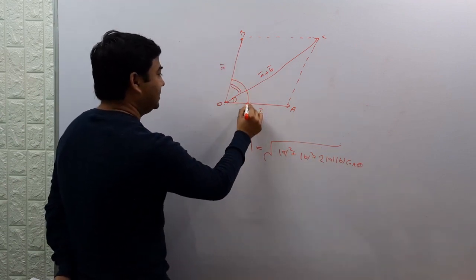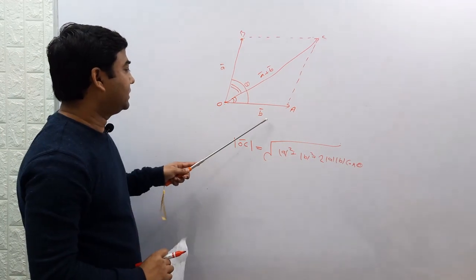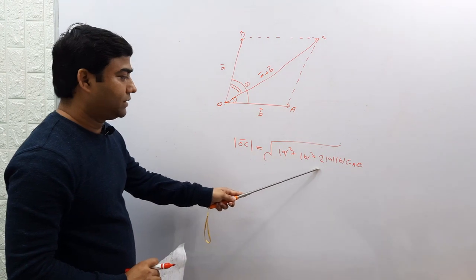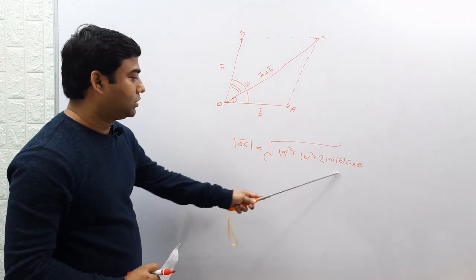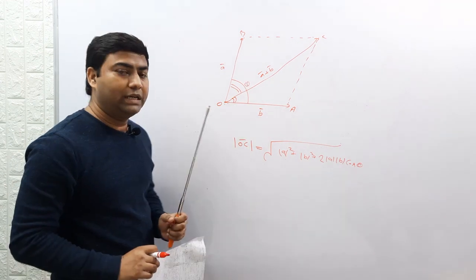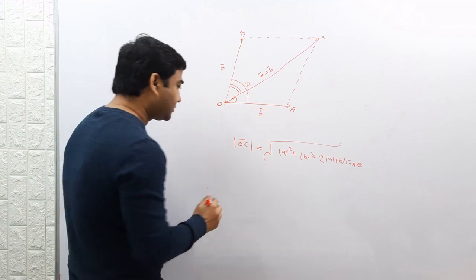This whole angle is theta. This is called the angle between vectors B and A, theta. A square plus B square plus 2AB cos theta under root. This is the magnitude you can calculate of the resultant vector.